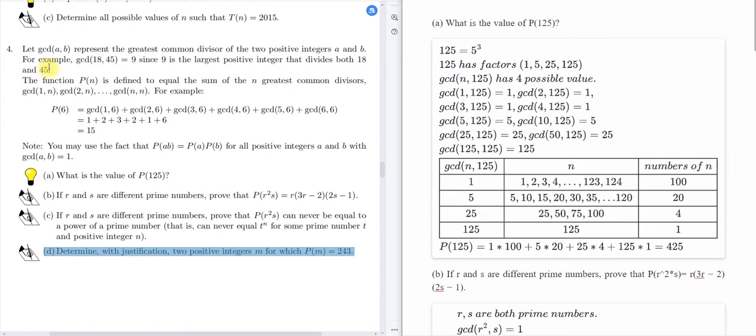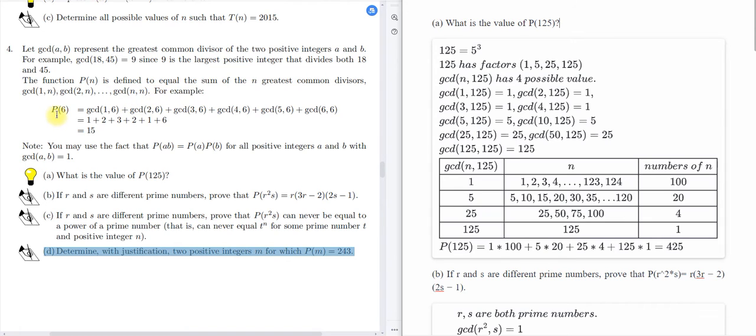and 45. The function P(n) is defined to equal the sum of the n greatest common divisors, GCD(1,n), GCD(2,n), and so on, up to GCD(n,n).